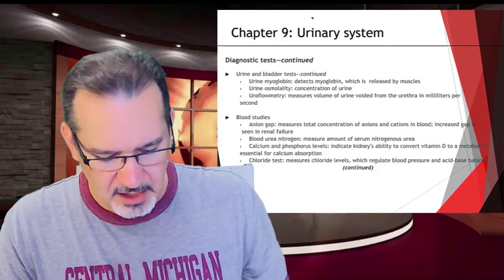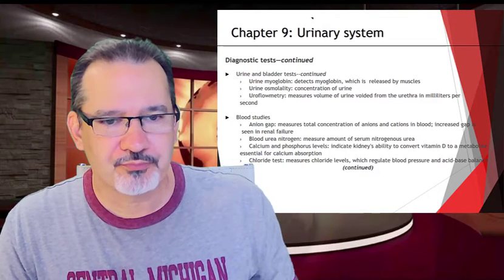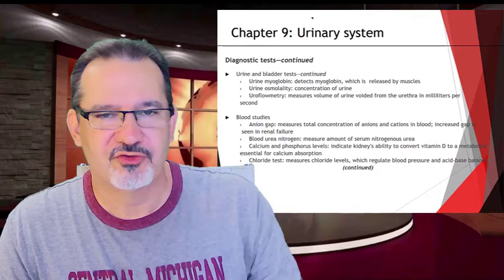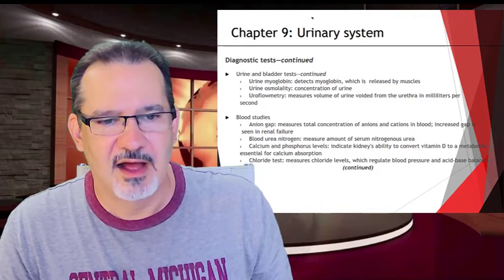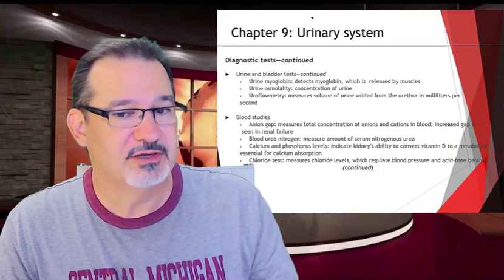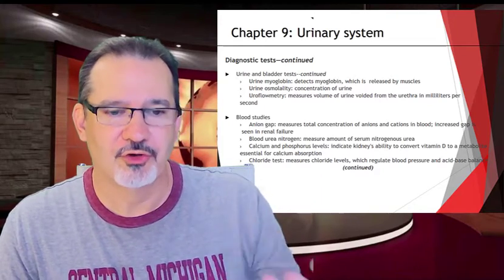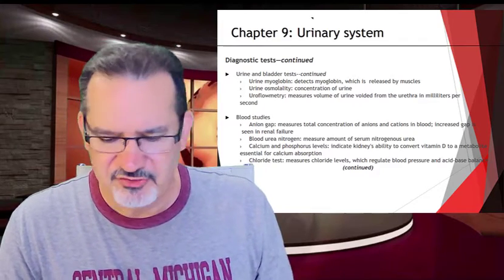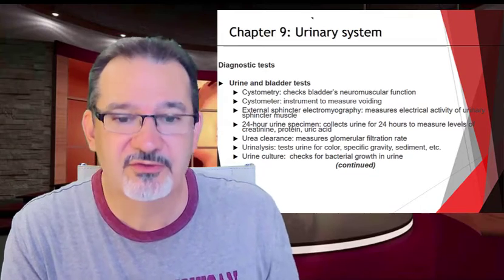Okay. Other tests that we have, urine and bladder test, urine myoglobin, which is an enzyme that's released by muscles. We may do that. Flowometry measures the volume of urine that's voided, how much urine is being excreted. I don't think we covered 24-hour urine specimens.